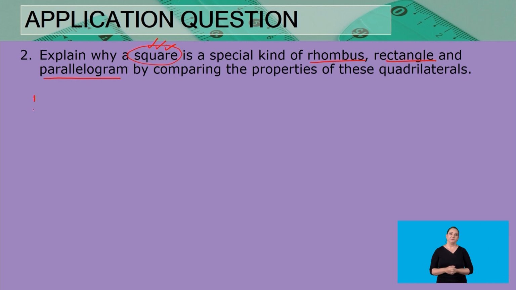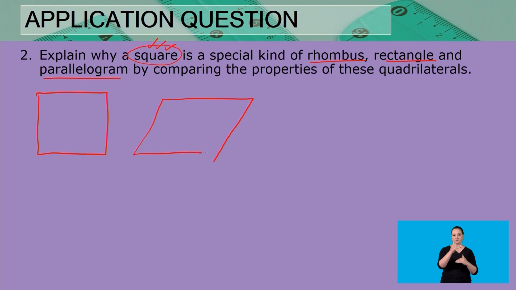Now we are going to be looking at a square, and we are going to be comparing that with a rhombus, and we are going to compare that with a rectangle, and lastly also with a parallelogram.